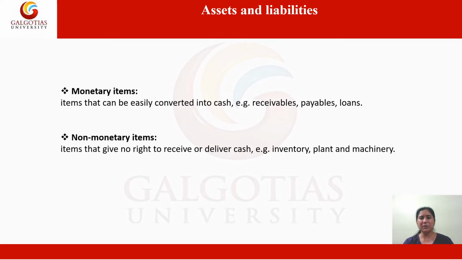Some examples of monetary items: receivables, payables, loans, etc. On the other hand, non-monetary items are those items that give no right to receive or deliver cash. Examples of non-monetary items include inventory, land and building, plant and machinery, etc.